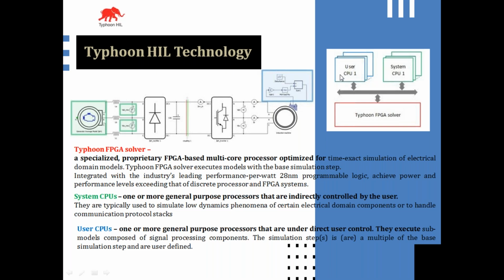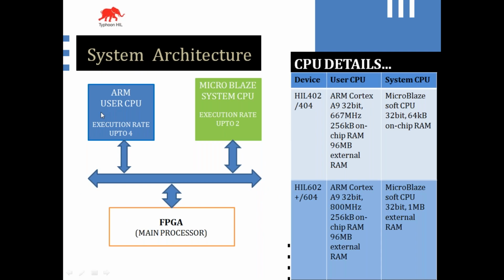Whereas the user CPUs execute the submodels composed of signal processing components, which are multiples of the base simulation step, and are user defined, under direct user control. That is why it is named the user CPU. I'll show you its architecture as well.